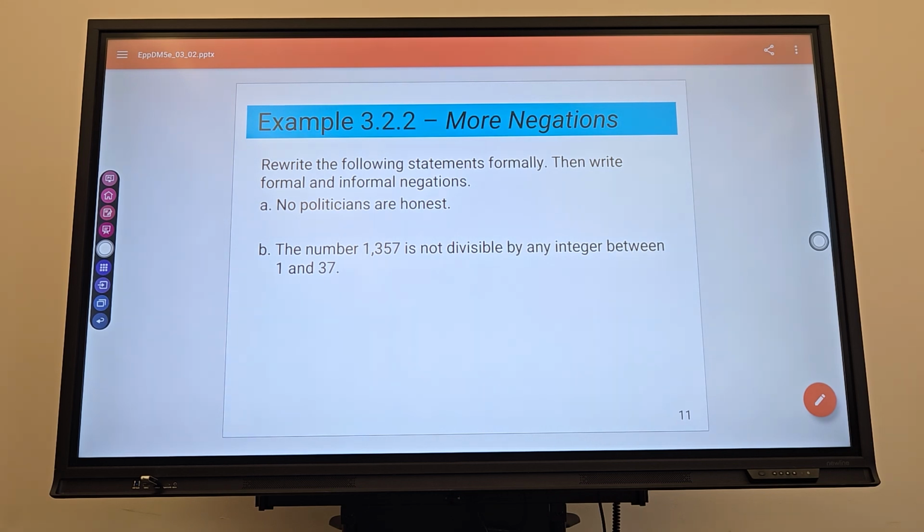The number 1357 is not divisible by any integer between 1 and 37.